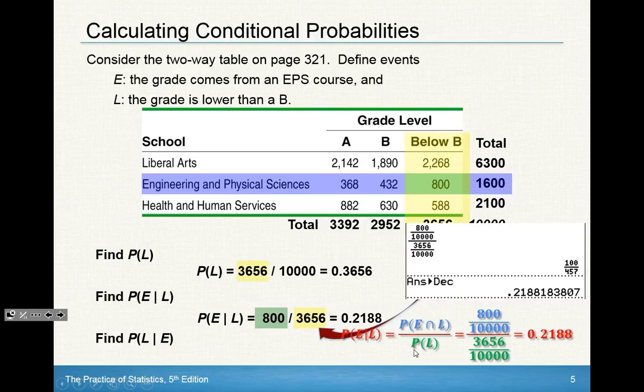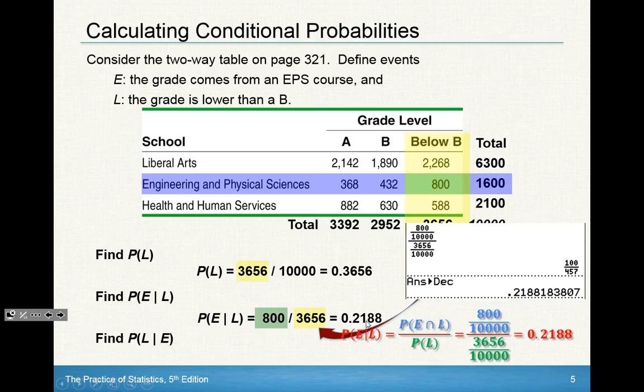And then on the bottom, we did the probability of just L, L being that you got below a B in a class. So that's your 3,656. My little calculator screen here is covering it up, but that's this number here divided by the 10,000. I went ahead and plugged this entire thing in here just to show you that you do get this answer, the 0.2188.